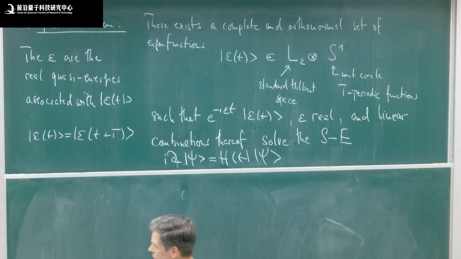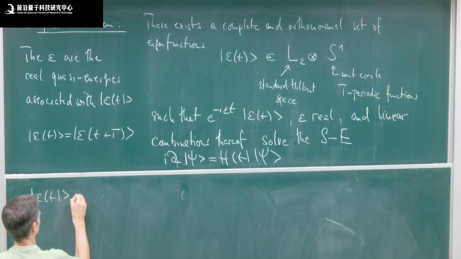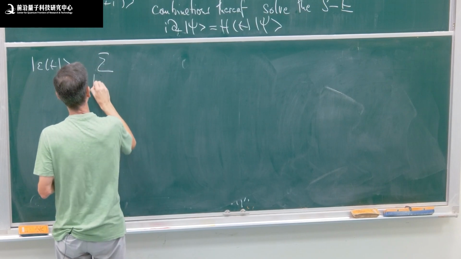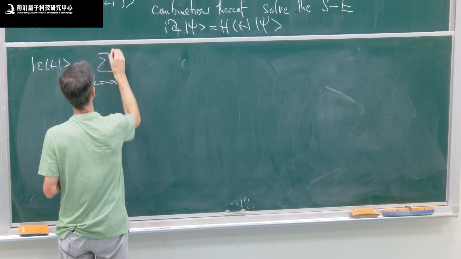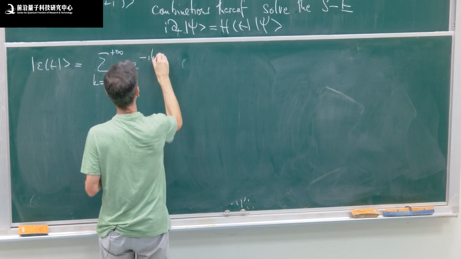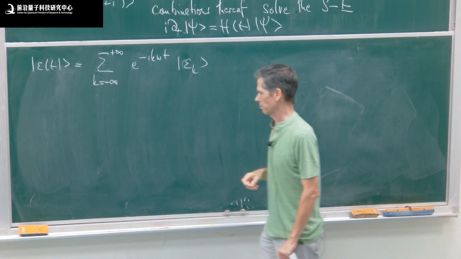And therefore you can also write the epsilon of t, you can actually expand them in a Fourier series: sum over k equals minus infinity to plus infinity of e to the minus i k omega t times epsilon k.